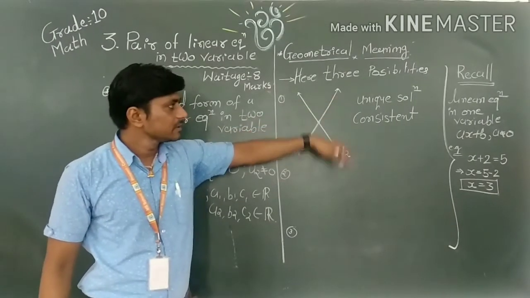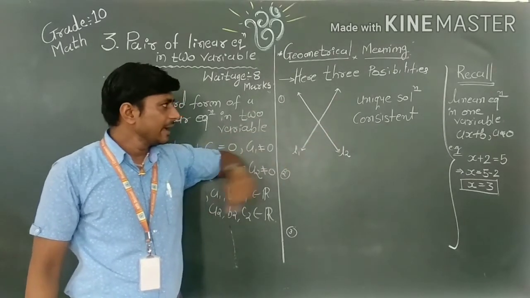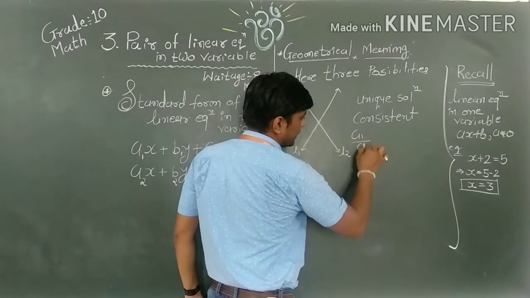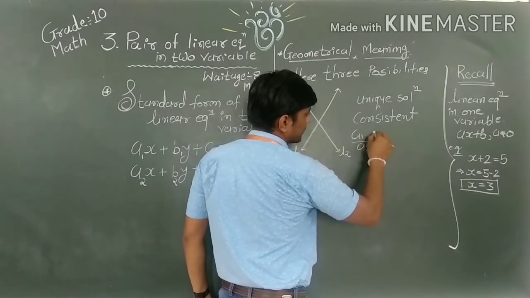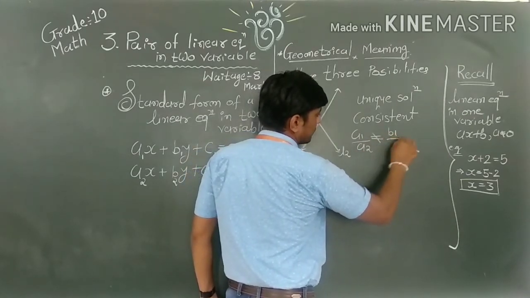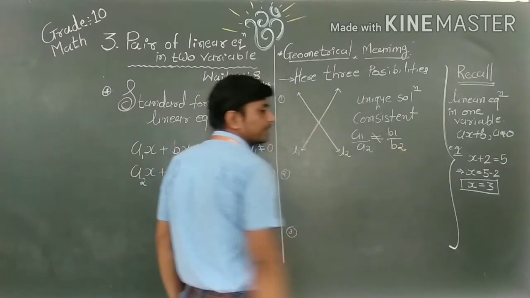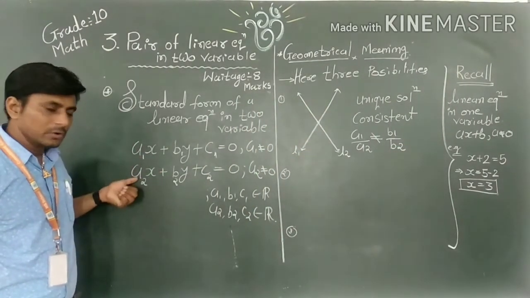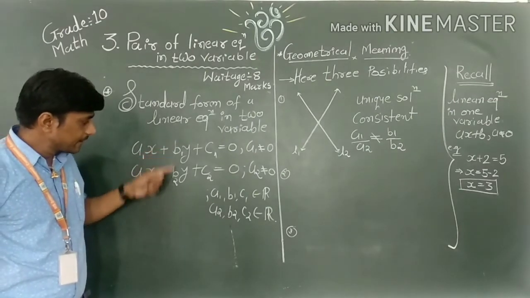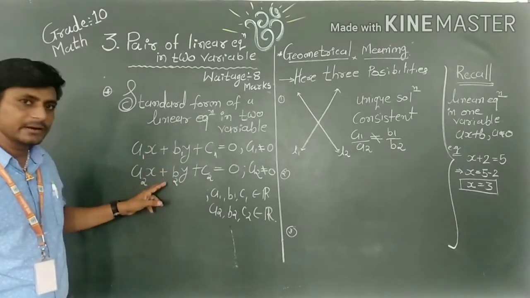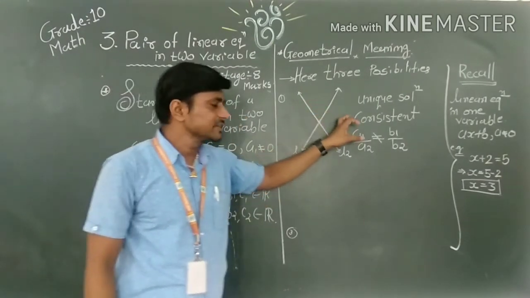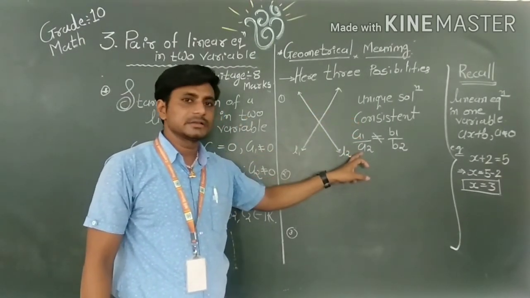Unique solution, consistent, and the condition is a1 upon a2 is not equal to b1 upon b2. If the ratio a1 upon a2 is not equal to b1 upon b2, then there is always a unique solution and it is consistent.